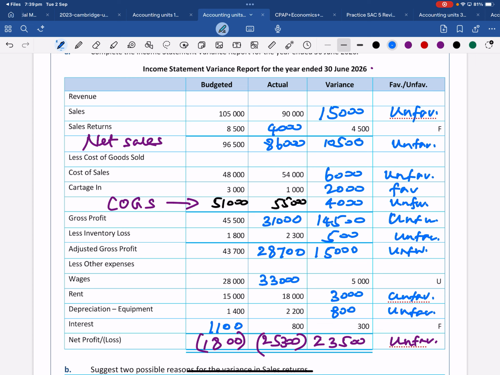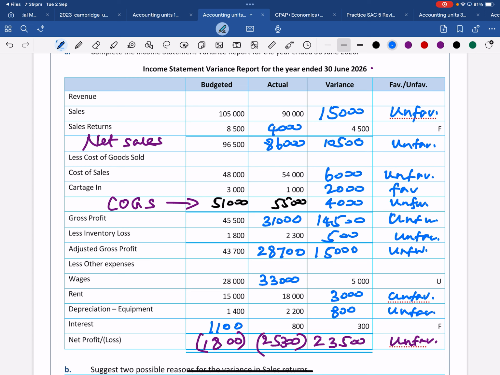We'll have to train them. Rent increased, depreciation increased. Basically, except interest, all the other expenses are bad. Disaster, hopeless. That ultimately contributed to a massive net loss.